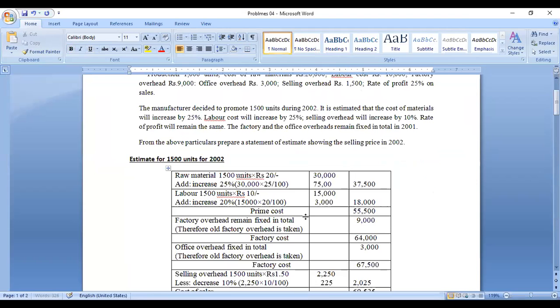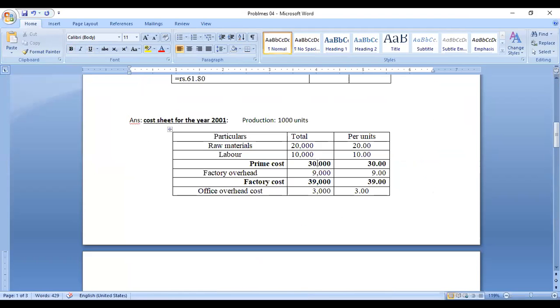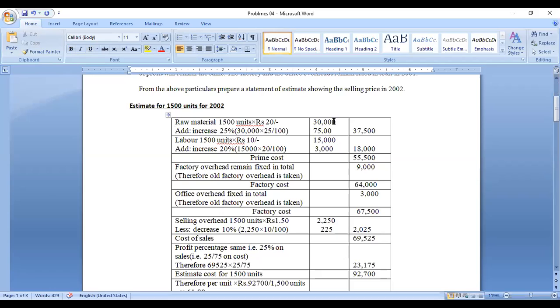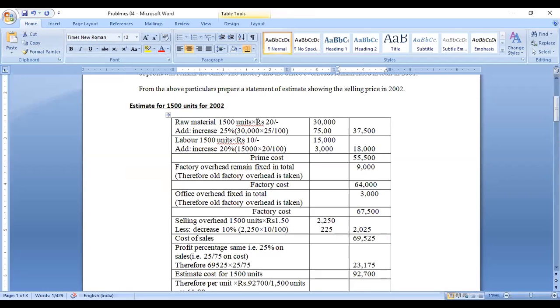From the previous calculations, that amount is 30,000 rupees. So 1,500 units you are going to produce. We estimated cost per unit 20 rupees. So 20 rupees into 1,500, that amount is 30,000 rupees.